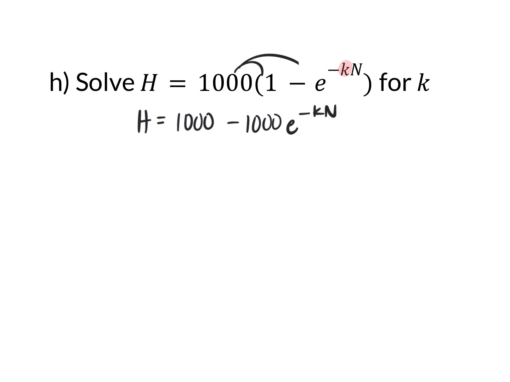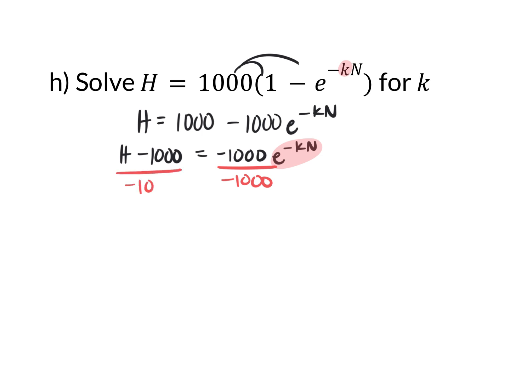Okay, now I'm going to move this 1,000 to the left side. And we have to have our exponential by itself before I can actually take the log of both sides. So we're going to divide by negative 1,000. And now I have (h - 1,000) divided by negative 1,000 is equal to e to the negative kn power.